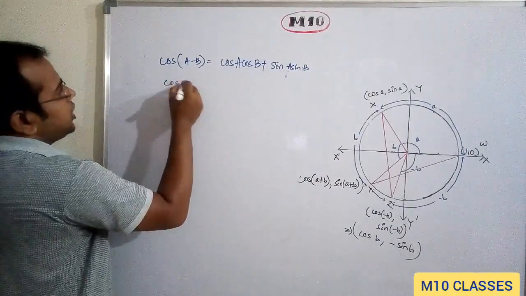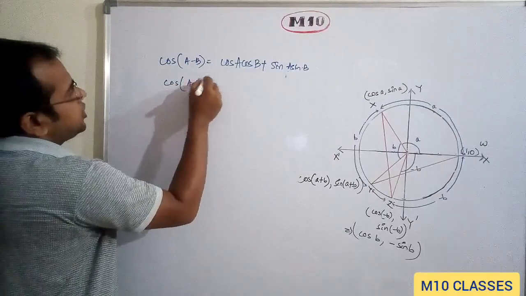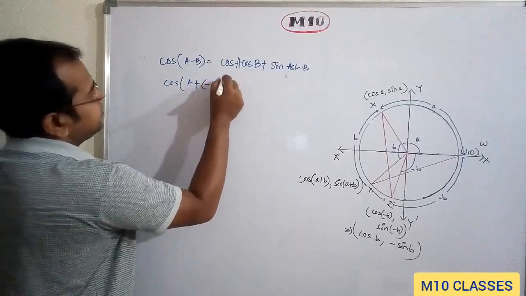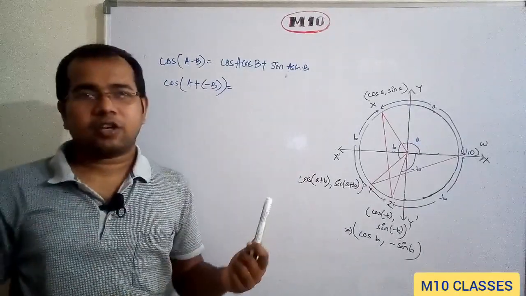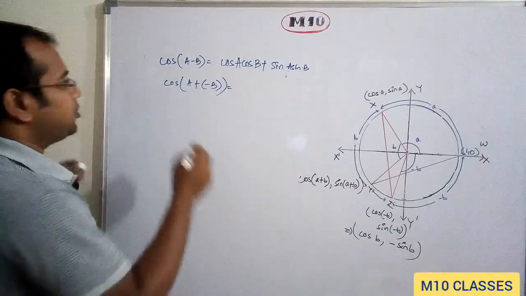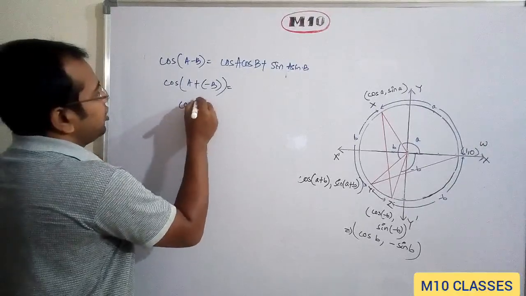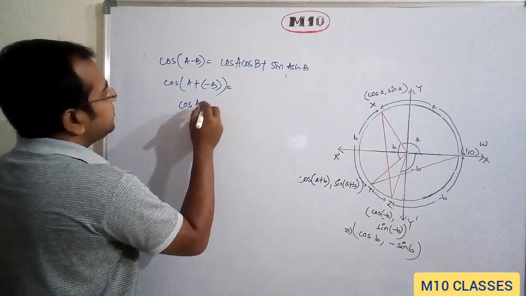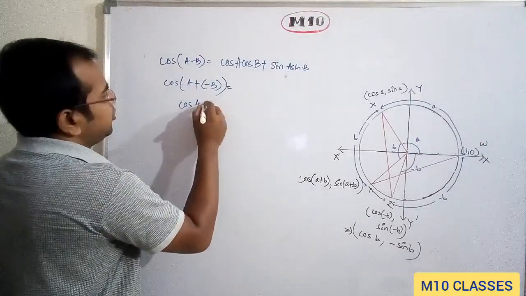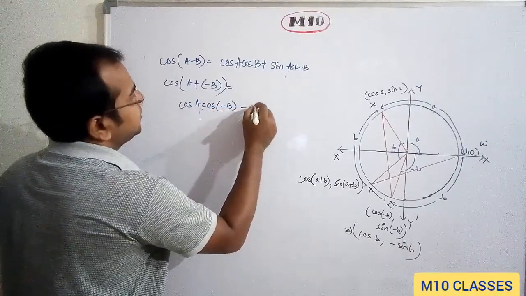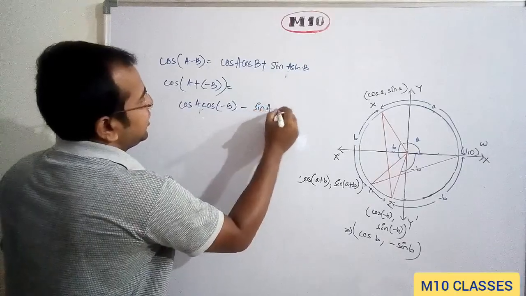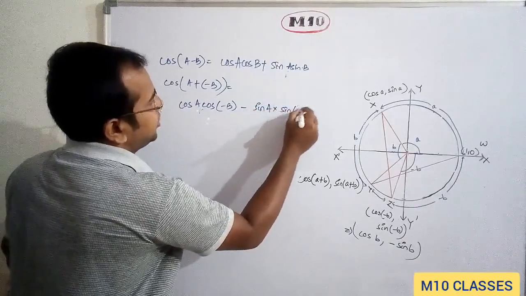Now cos(A minus B) can be written as cos(A plus (minus B)). So what will you get here? Cos(A plus B) is cos A cos B minus sin A sin B. Now put the values. Cos A into cos of minus B minus sin A into sin of minus B.